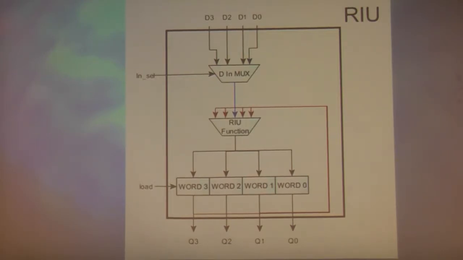So all 4 words, word 3, 2, 1, and 0, would all be loaded with the same value. That's one function. Or there's rotate operations, and there's load individual words, which is useful when one is communicating between the 32-bit structure and the 128-bit structure. It allows one to easily communicate between the two.